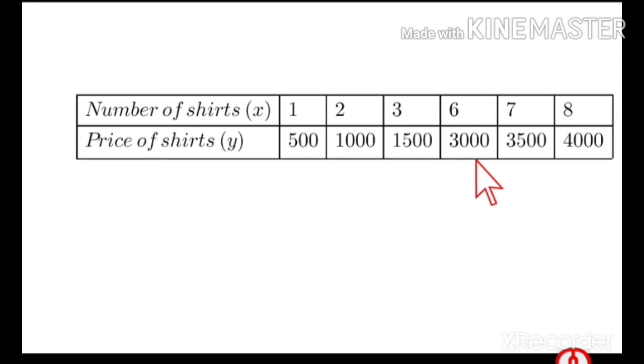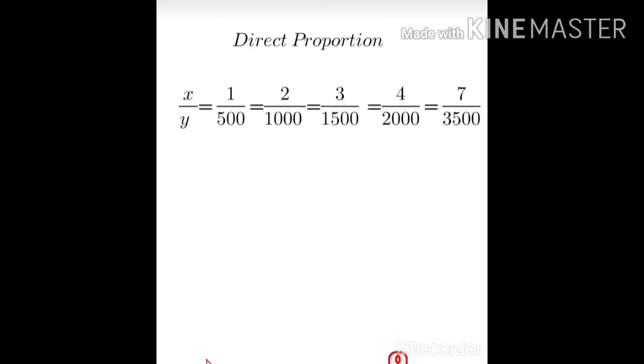In such a way that the ratio X by Y in each case has the same value. Let us write this in a ratio. We have written the tabular column in the form of ratios. That is X by Y. First, the cost of one shirt is rupees 500, so 1 by 500, and next is 2 by 1000, and next 3 by 1500, and next 4 by 2000, and next 7 by 3500.